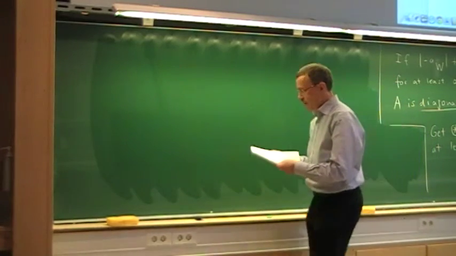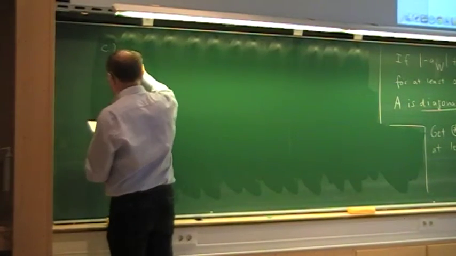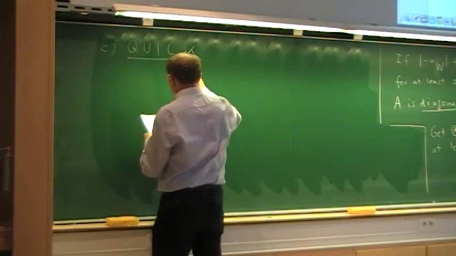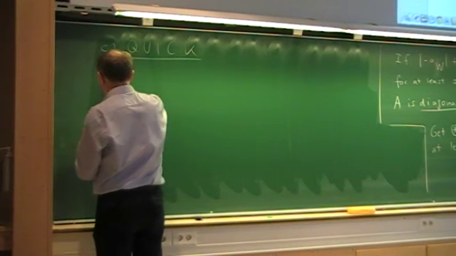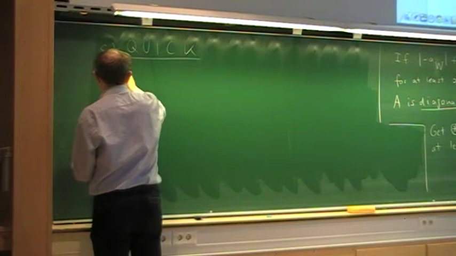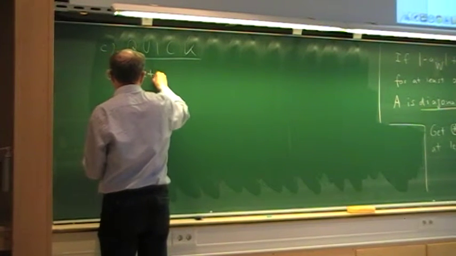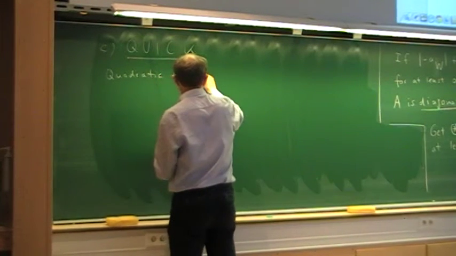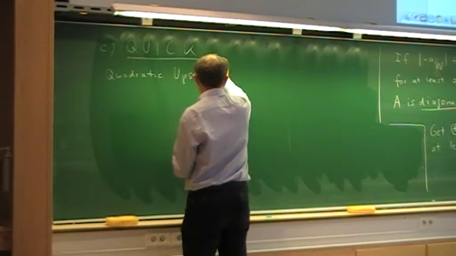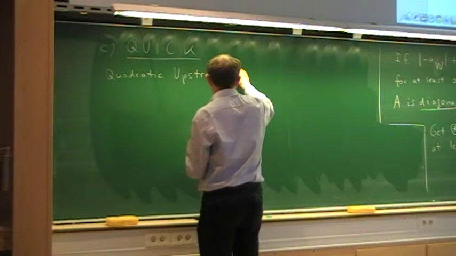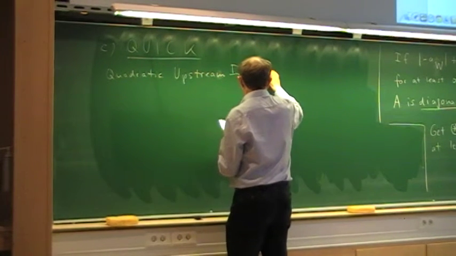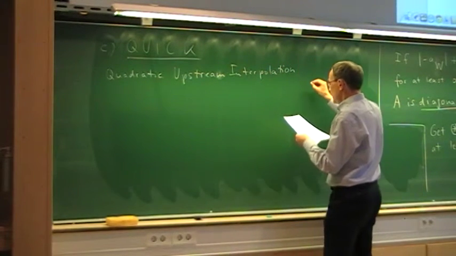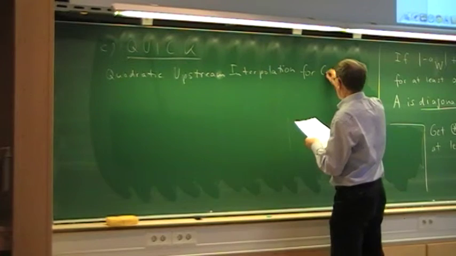That is a method that has the acronym QUICK. That stands for quadratic upstream interpolation for convective kinematics.